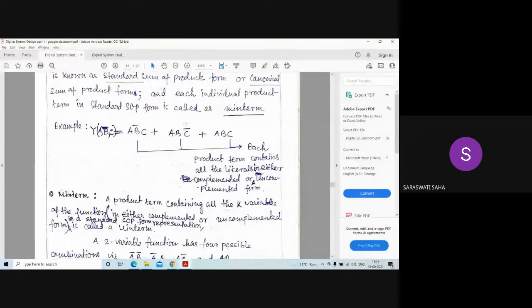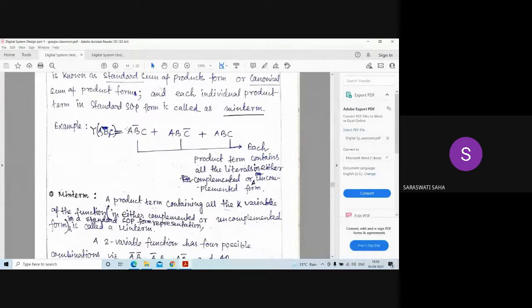Means ABC, 3 input variables are present here. A is in normal form, C is in normal form, but B is in complement form. But all the variables are present in this product term. Here, A and B are in normal form, but C is in complement form. In this term, A, B, C all are in normal form.